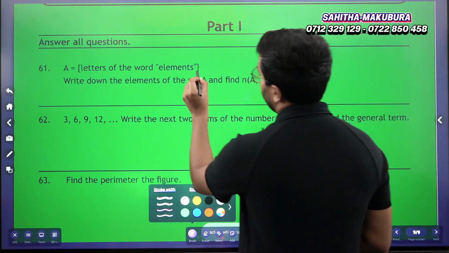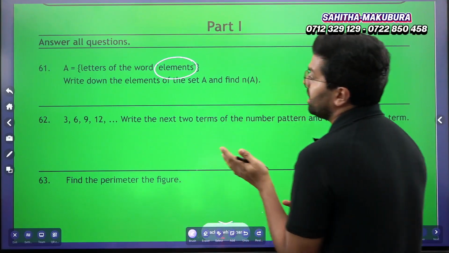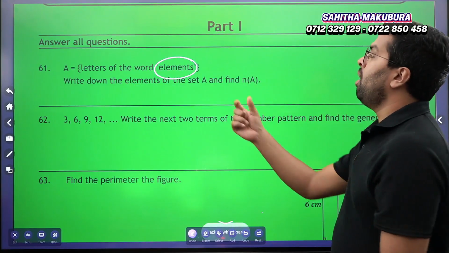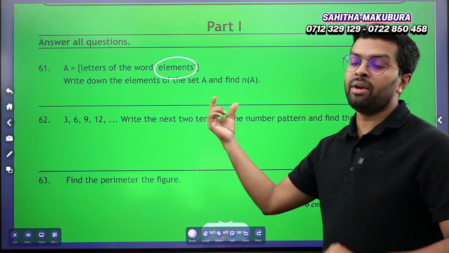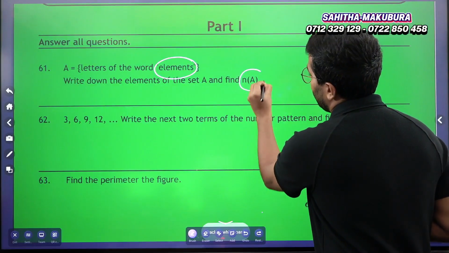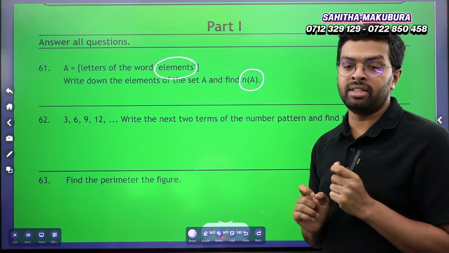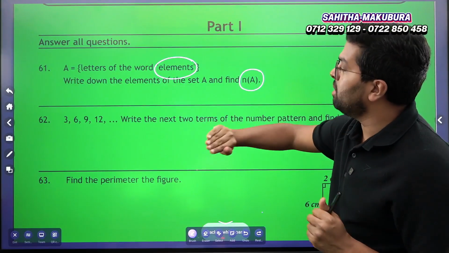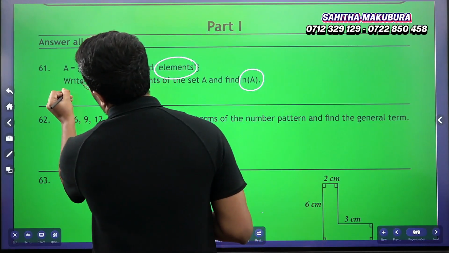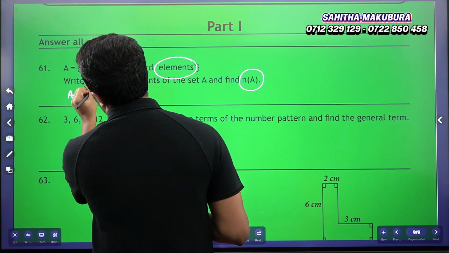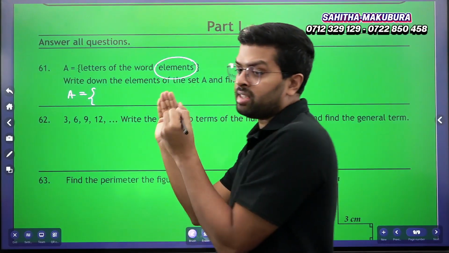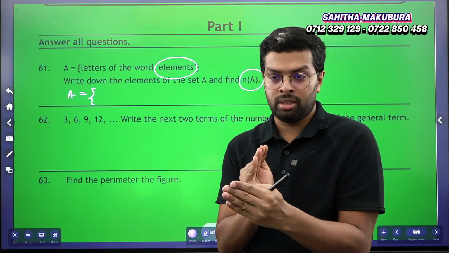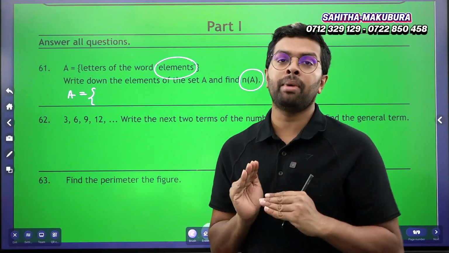So we have the word elements, and what is being asked from us is to write down the elements of the set A and find the number of elements in set A. One important thing that we need to remember is when we list the elements of a set, we do not repeat the same element. We do not duplicate the same element, right?